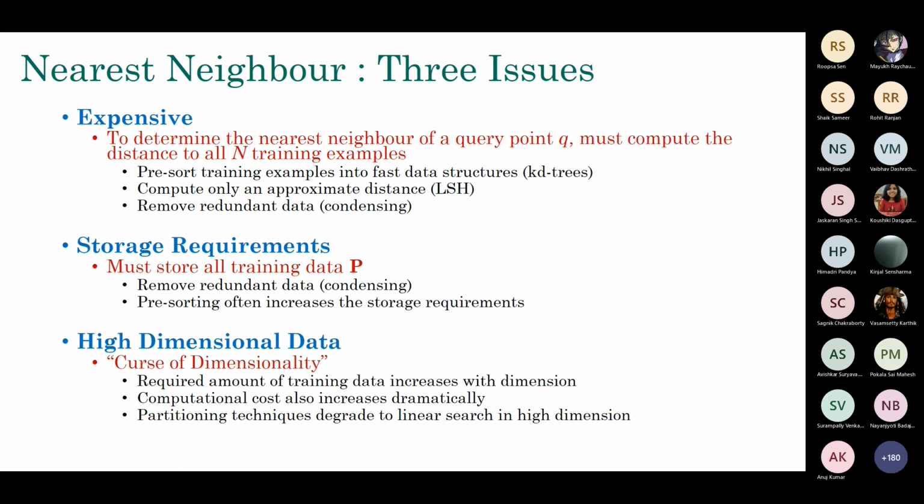And then again the partitioning techniques degrade to linear search in high dimension. If you try to partition the data into several parts, something like the clustering techniques, then it is essentially a linear search in high dimension. If dimension is very high, this is going to be problematic.